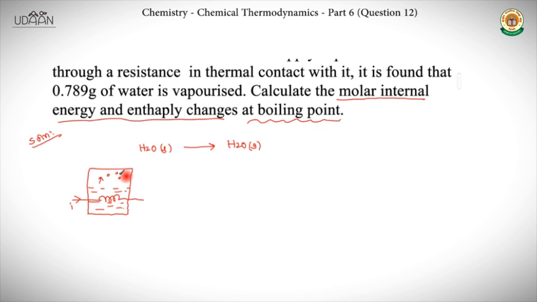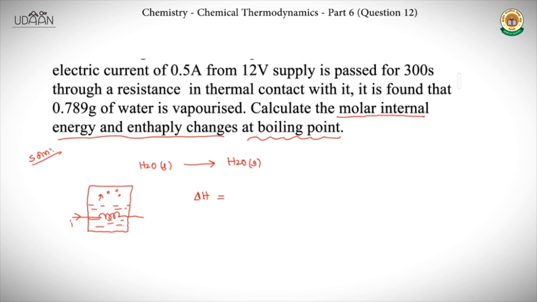So first we need to calculate how much heat we are supplying. So delta H, the heat that we are supplying, is equal to I into V into time. I is the current that we pass, V is the voltage, and T is the time for which we pass that current.